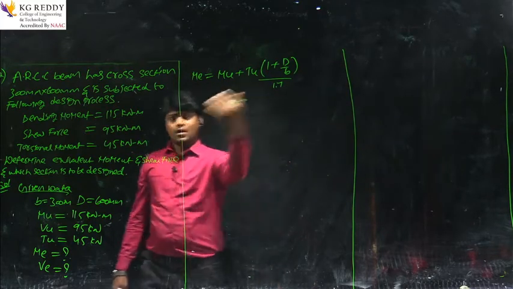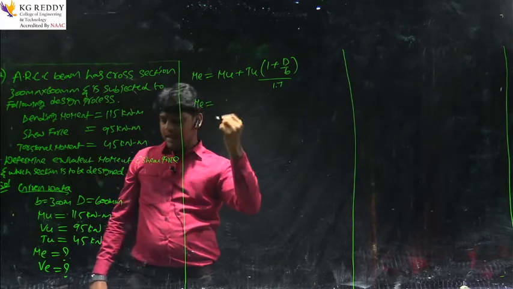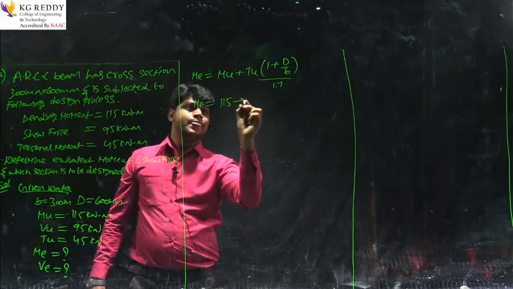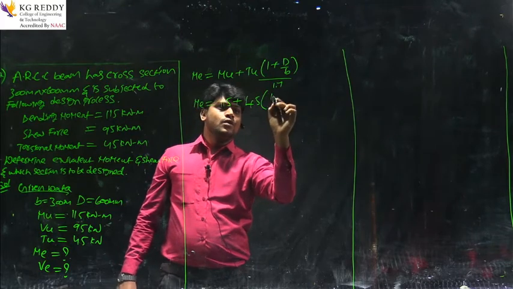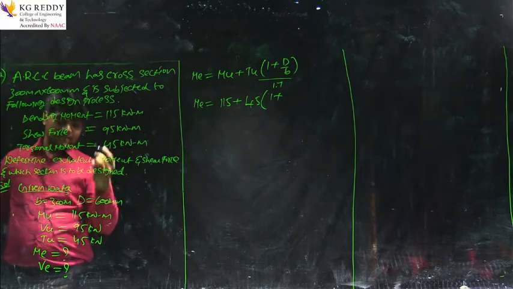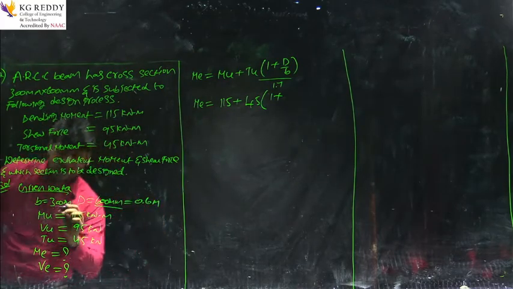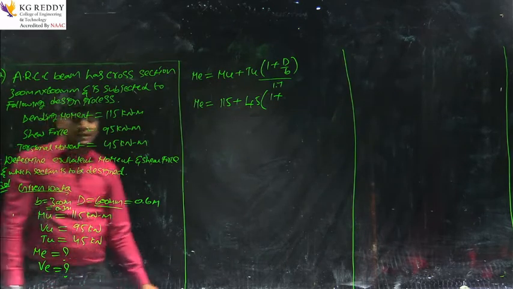Now you know all the values, so you can substitute them in the formula. M suffix E equals M suffix U, the bending moment, here 115, plus 45 into (1 plus D by b). Here the depth is 600 mm, which you can convert to meters, 0.6 meter, and b equals 300 mm, which is 0.3 meters.